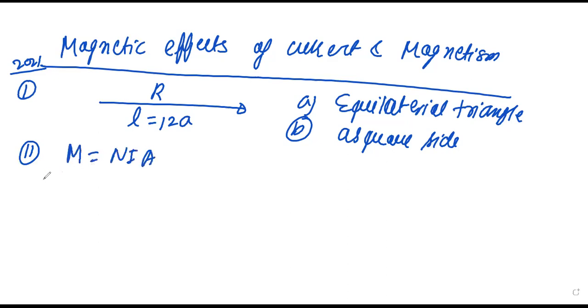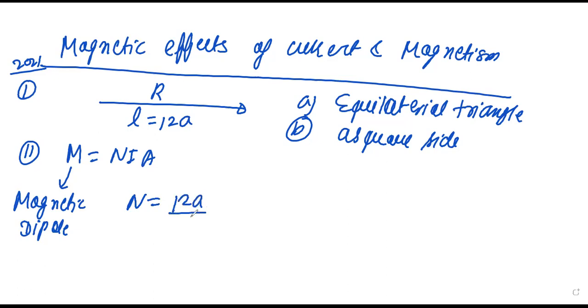So M is nothing but your magnetic dipole moment. The number of turns in the triangular coil will be N equal to 12A upon 3A. Why is it 3A?